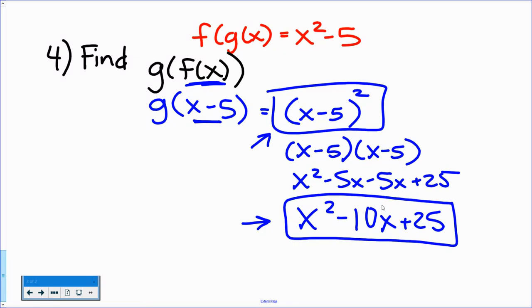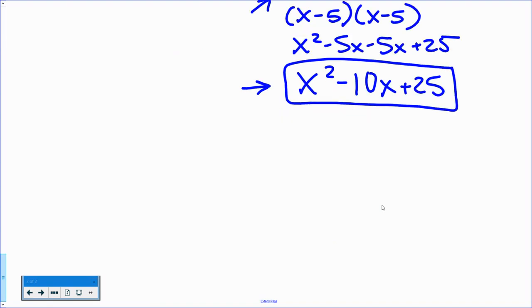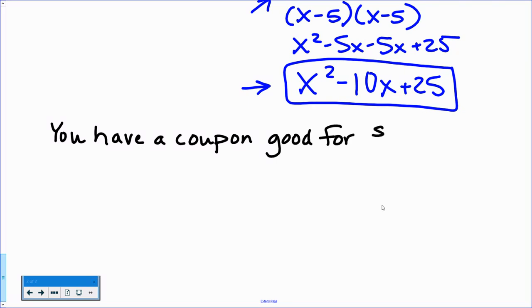All right, we're going to take a look at one more example here, and we are going to do a word problem using composition. So let's say you have a coupon good for $5 off the price of any large pizza.